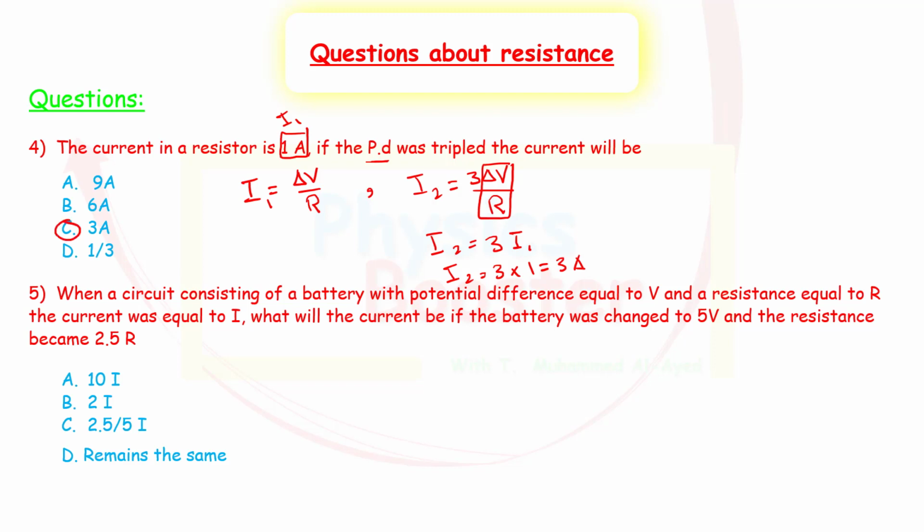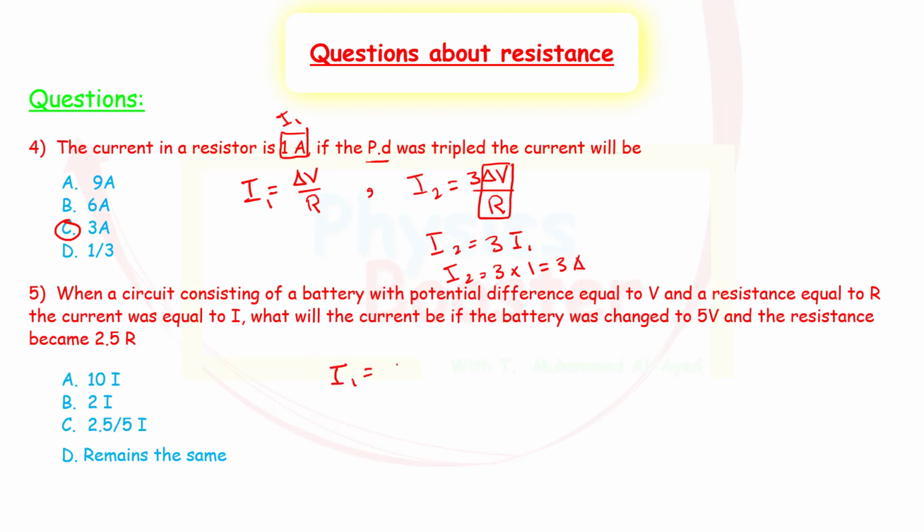In a circuit consisting of a battery with a potential difference equal to V and resistance equal to R, the current was equal to I. What will the current be if the battery was changed to 5V and the resistance became 2.5R? I think it became very easy now.